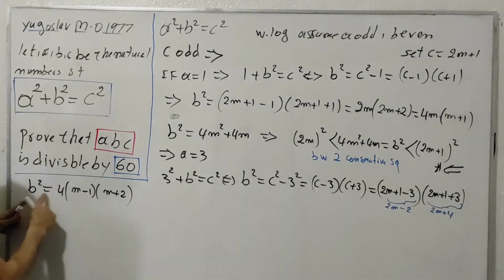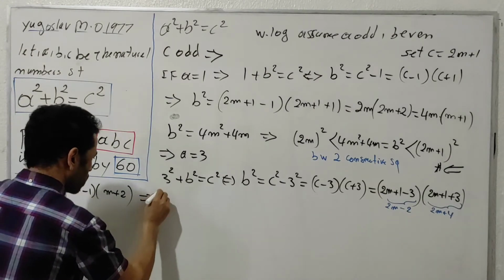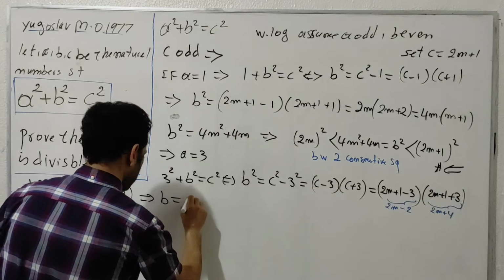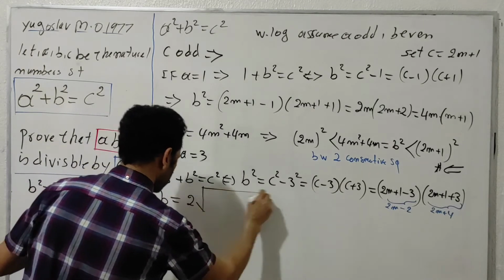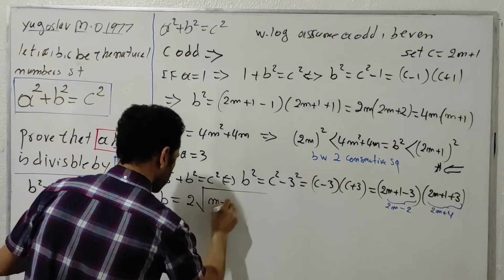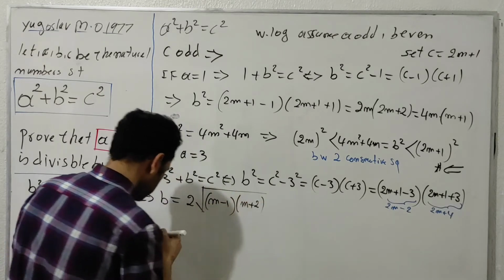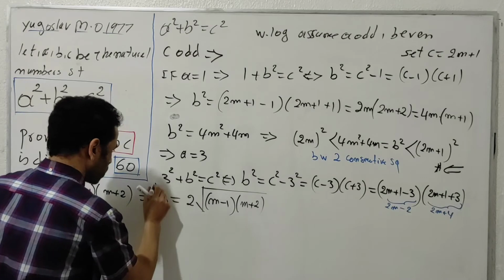I'm going to apply the square root on both sides. I will have b, as an even integer, equals 2 times the square root of (m minus 1)(m plus 2). So I have ended with this expression.